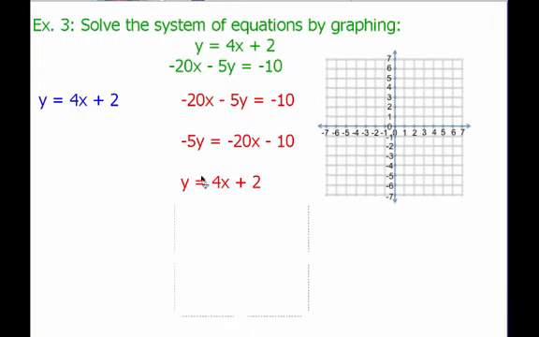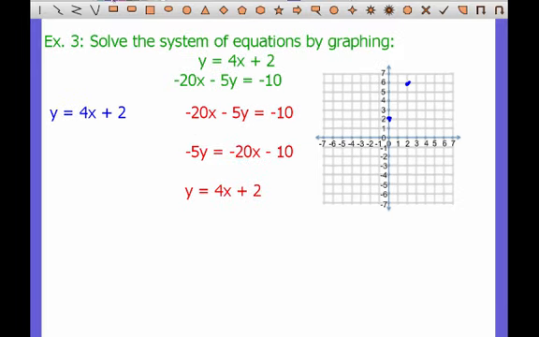So what do we notice about these two equations? What we should notice is that they are the exact same thing, which means if I plot them, 4x plus 2, well, that means I start at (0, 2), and I go up 4, right 1. Okay, here's going to be my first line between these 2 points.